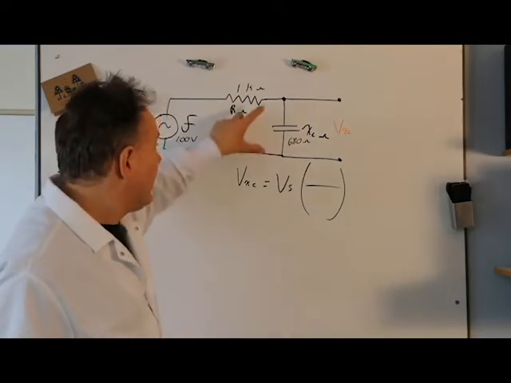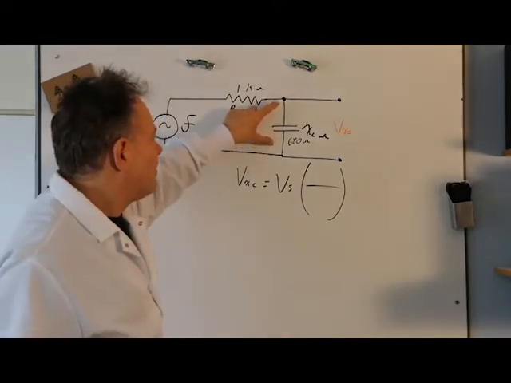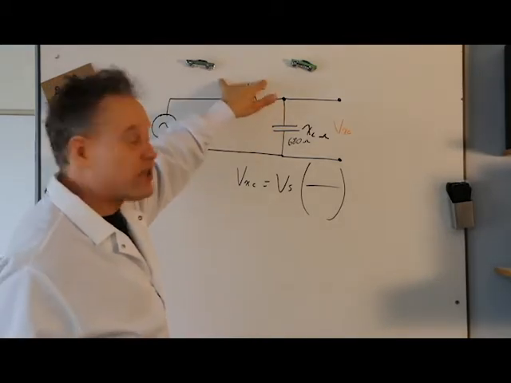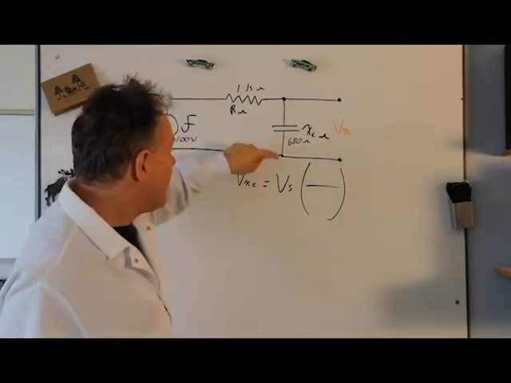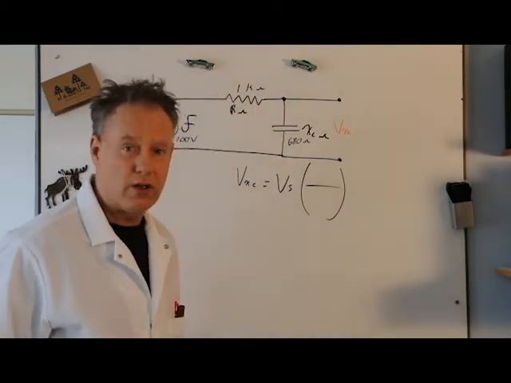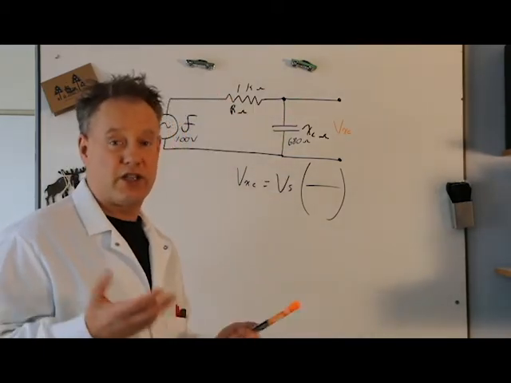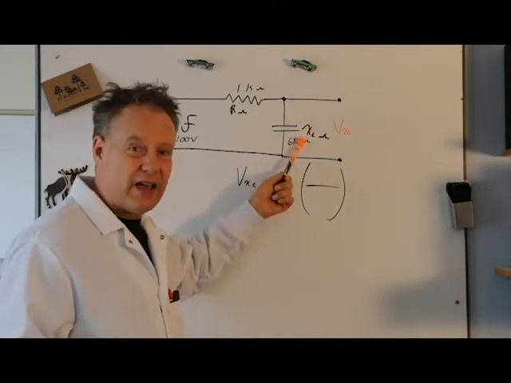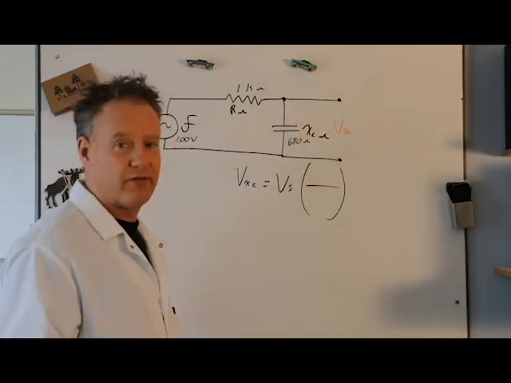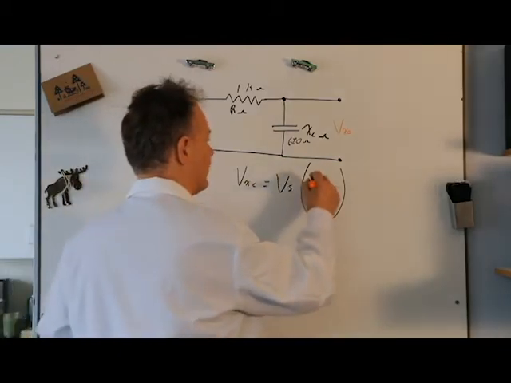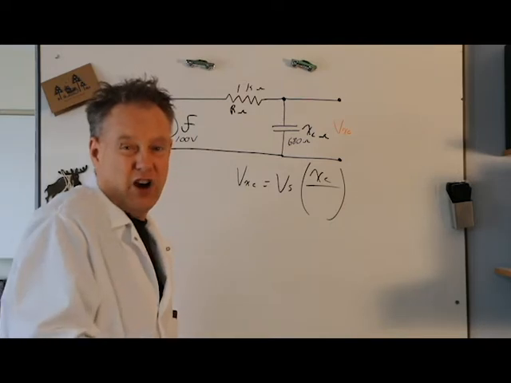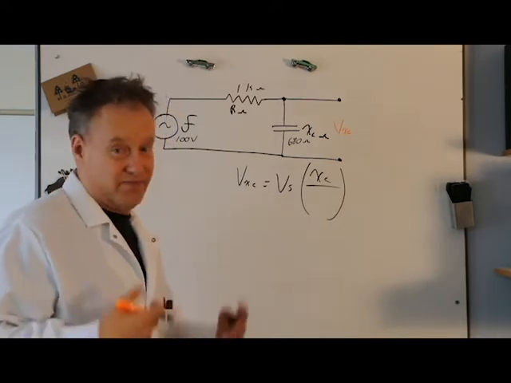We are going to take the resistance of this, which is really the reactance, and the resistance of this, and compare this to the total. That gives us a ratio, and then we just multiply that by the voltage source, and we get how much this guy takes up. Okay, so now we know that this is going to be XC over what? Well, it's regularly RT, right? In this case, it's Z.